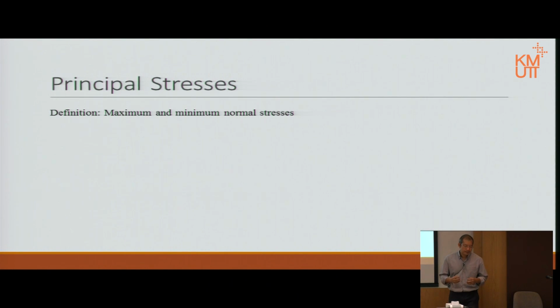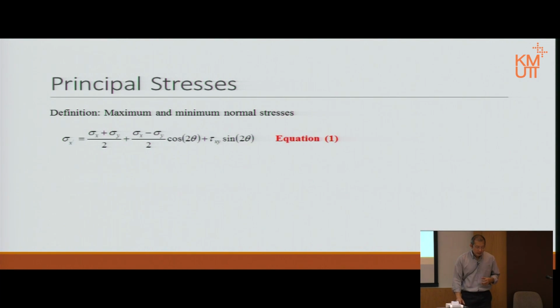Okay? Now, as I said, this is the normal stress, the maximum of the normal stresses. Therefore, this is the equation. Now, if we know the equation, we know what it varies with, or sometimes they call it varies with respect to something. In this case, it's not with respect to x or y, it's with respect to theta that we keep rotating.